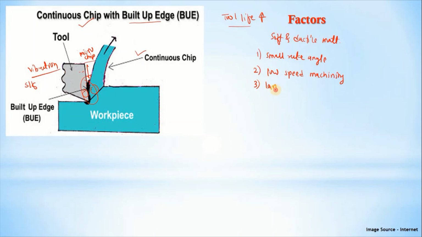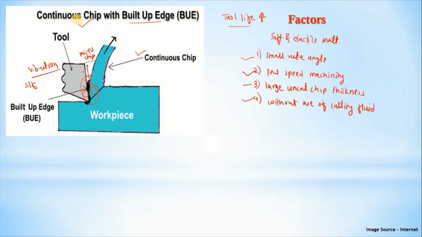Then large uncut chip thickness, and fourth, without use of cutting fluid in the machining operation. So these are the factors by which we get the built up edge during formation of continuous chip.